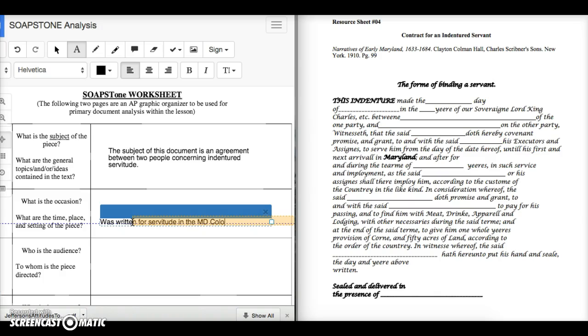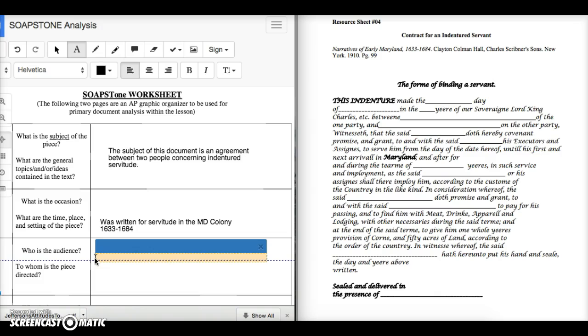And we know from looking over here that it's from this time period of 1633 and 1684. So you just fill in that information. And that's, you know, where we're getting our information from. So we're analyzing what we're reading over here and breaking it apart into parts down this way.